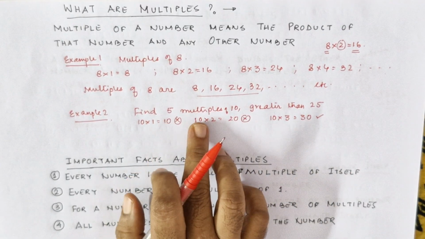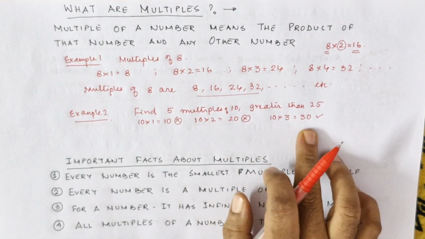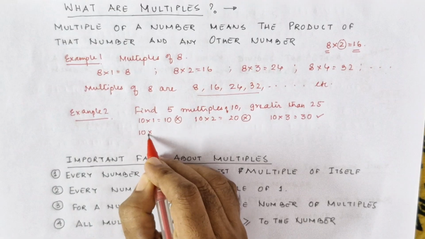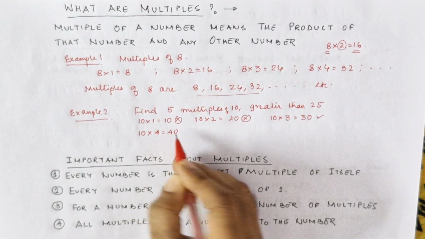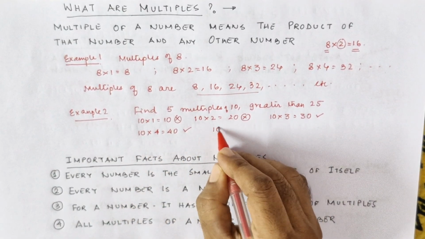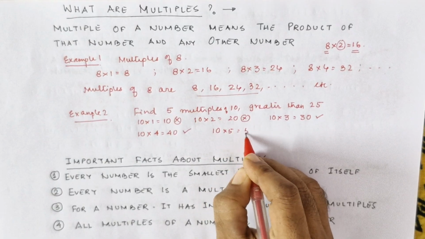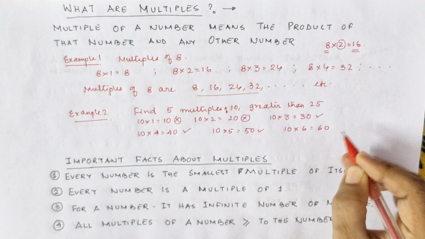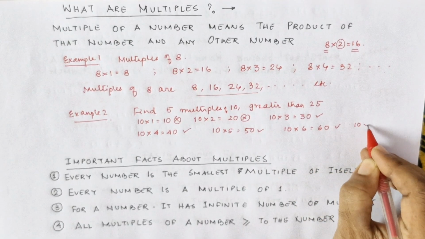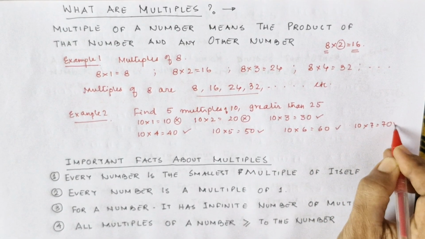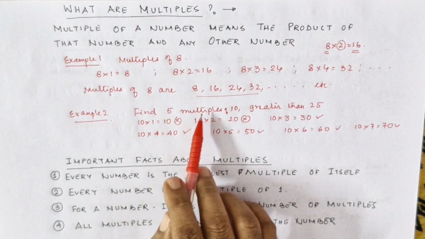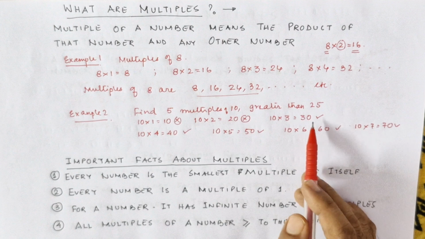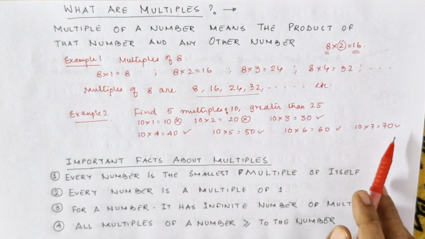Next, 5 multiples, so apart from this I have to find another 4. 10 into 4 is 40, I'll consider this. 10 into 5 is 50, 10 into 6 is 60, and 10 into 7 is 70. So the 5 multiples of 10 which are greater than 25 are 30, 40, 50, 60 and 70.